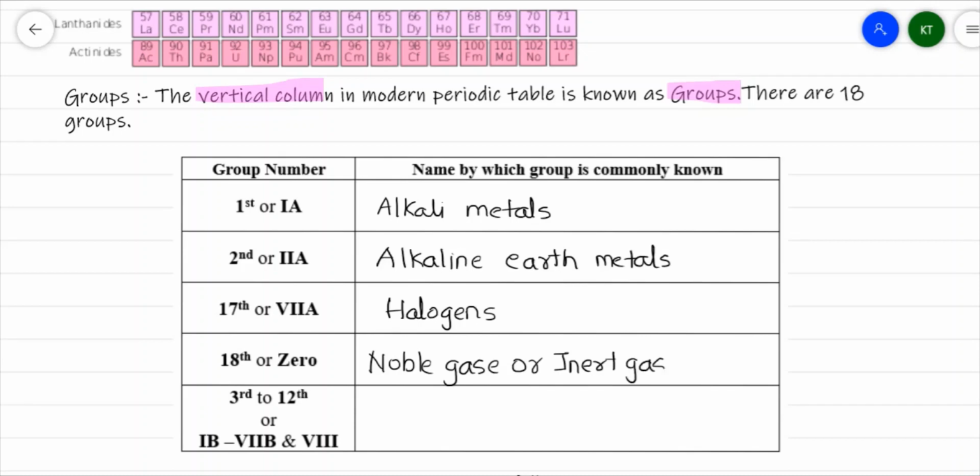And the elements present from the 3rd to 12th group, that is 1st B to 7th B and the 8th group, which has 3 vertical columns, are called transition elements.